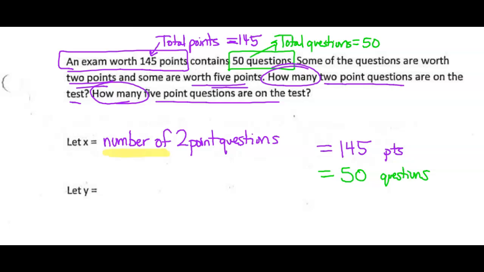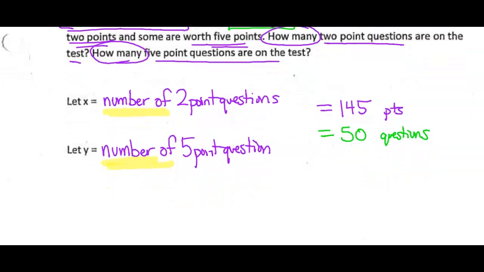Don't just write 2-point questions, write number of. Those 2 words are very important. Then we're going to make y number of 5-point questions, because we don't know it. And once again, make sure you have the phrase number of there.